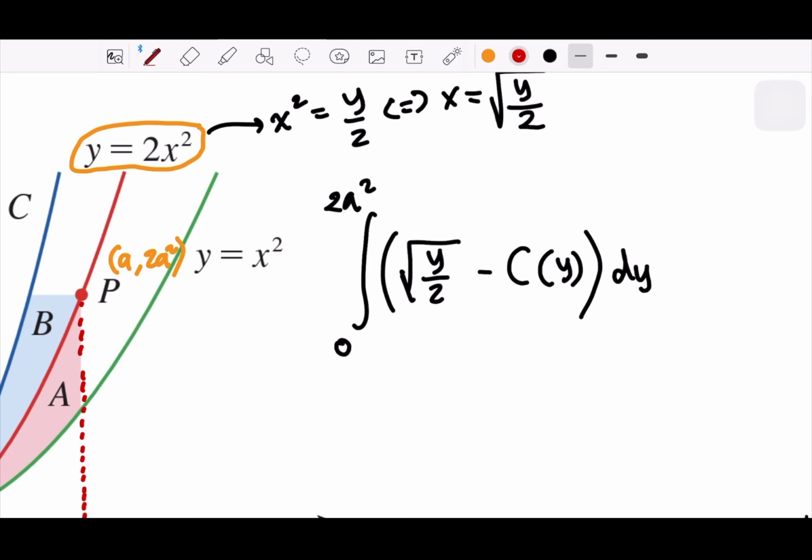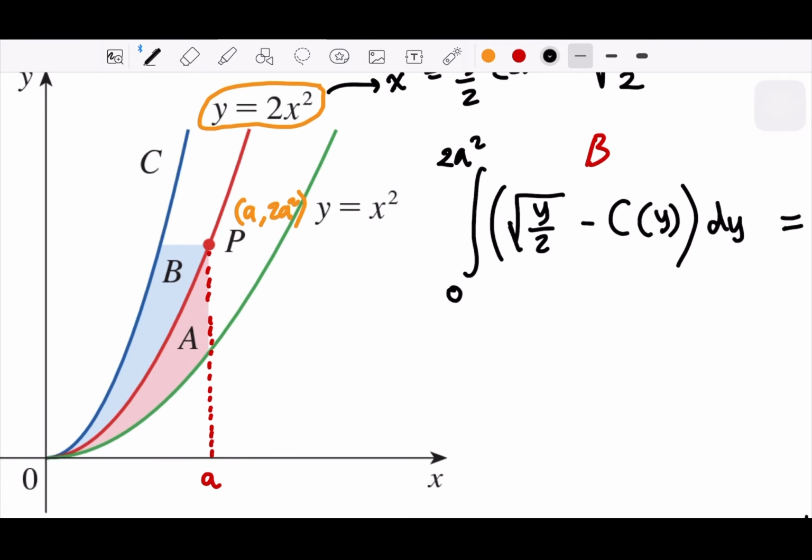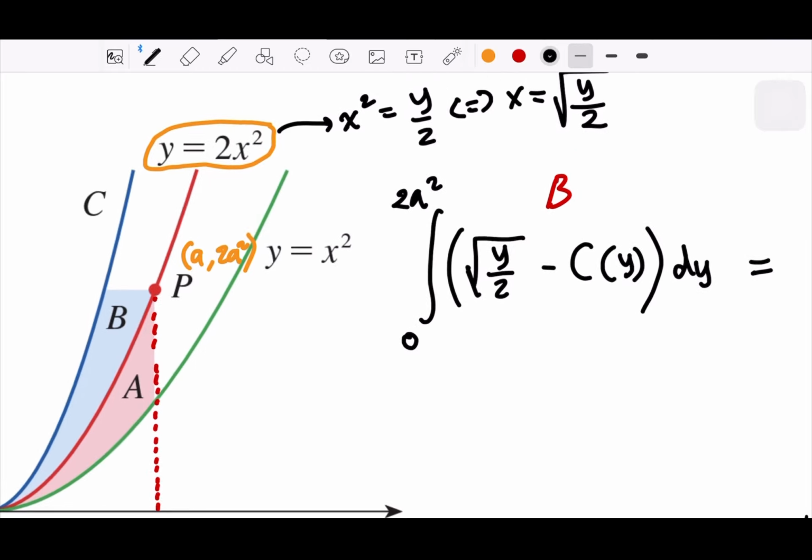Or maybe let me write with red color. Okay. And this should be equal to A. And what is A? So it should be, yes.